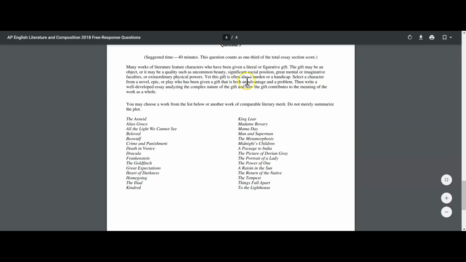Yet this gift is also a burden or handicap. Select a character from a novel, epic, or play who has been given a gift that is both an advantage and a problem. Then write a well-developed essay analyzing the complex nature of the gift or how the gift contributes to the meaning of the work as a whole.